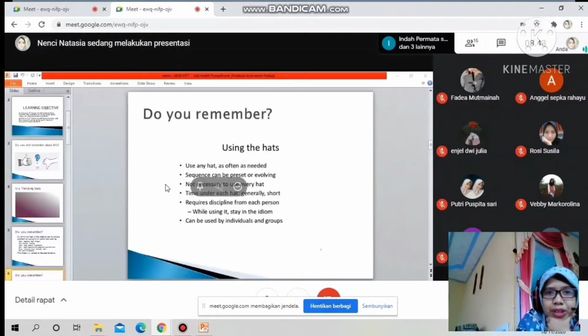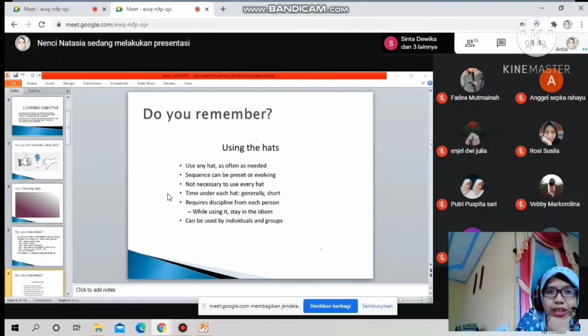Okay, do you remember using the hats? Use any hat as often as needed. Next, sequence can be preset or evolving. Next, not necessary to use every hat. Time under each hat is generally short. It requires discipline from each person.